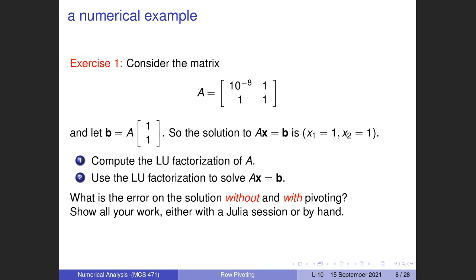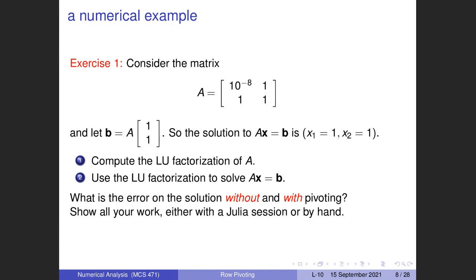And what you should observe is that with the LU factorization of lecture 8, so you can use a Julia session, with the lufac function that was posted in lecture 8, you will then see that the errors are quite large.